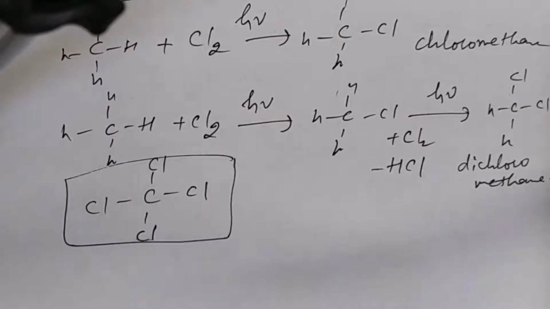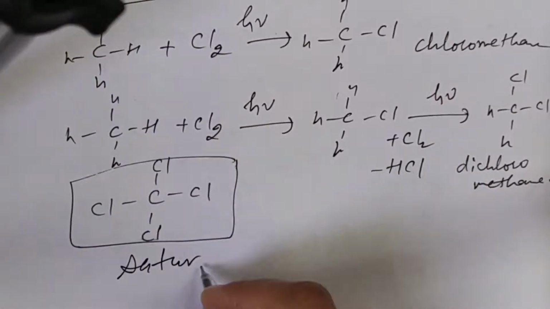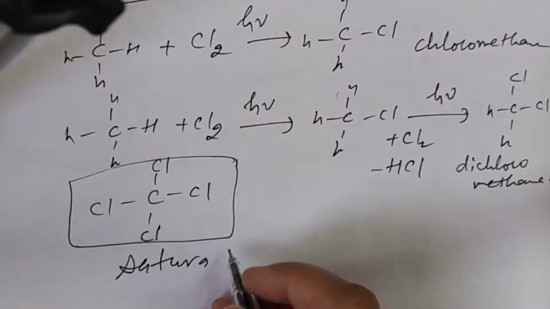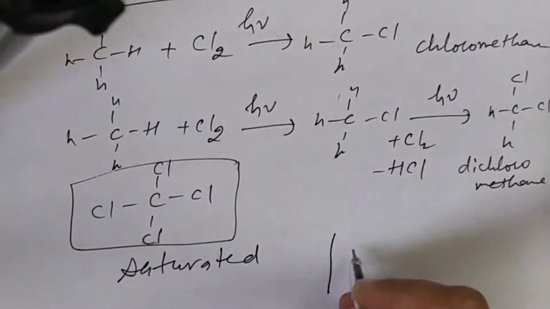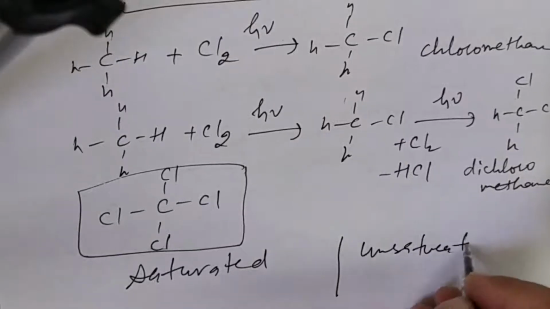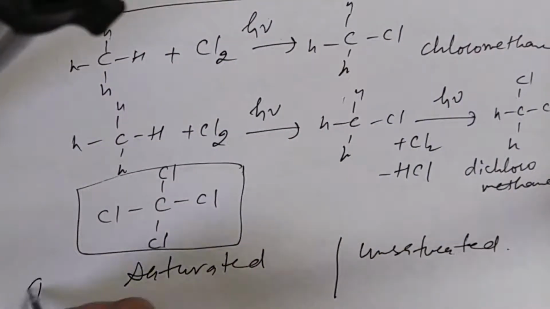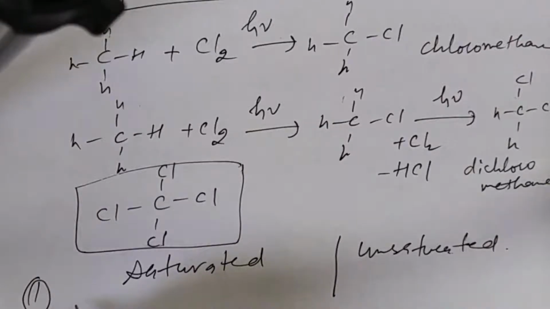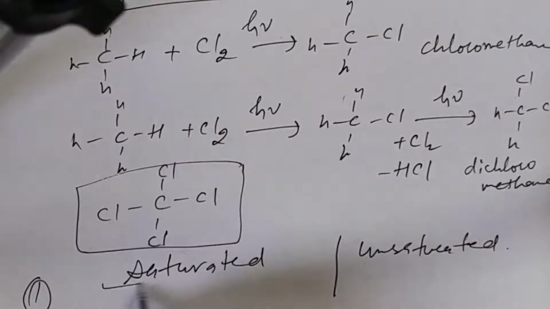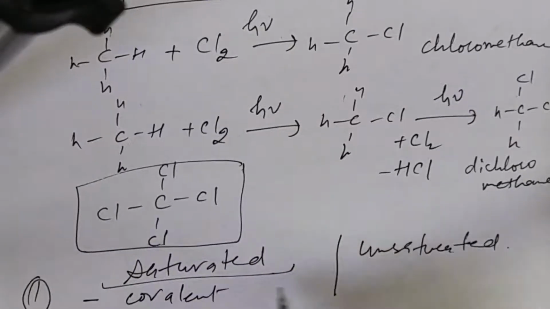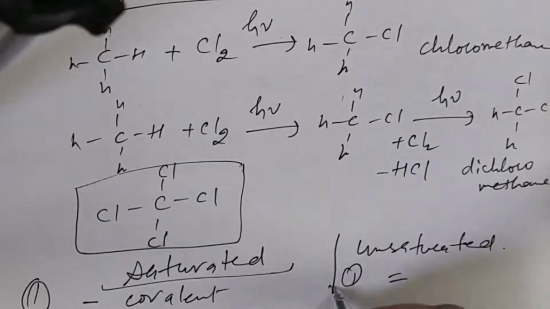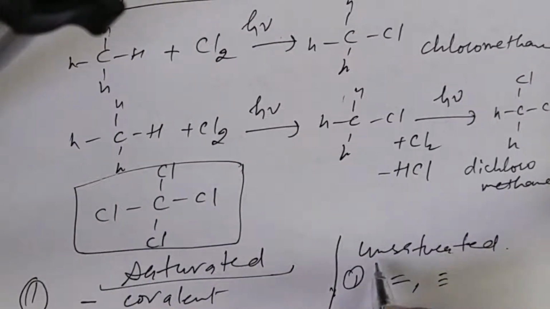So what we are discussing here is the difference between saturated and unsaturated compounds. How can you differentiate between saturated and unsaturated compounds? As you have already discussed, the first difference is that saturated compounds have all single covalent bonds, but if there is a double bond or triple bond in the structure, it is called unsaturated.